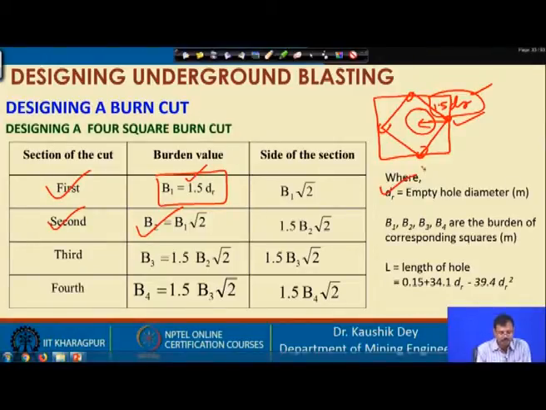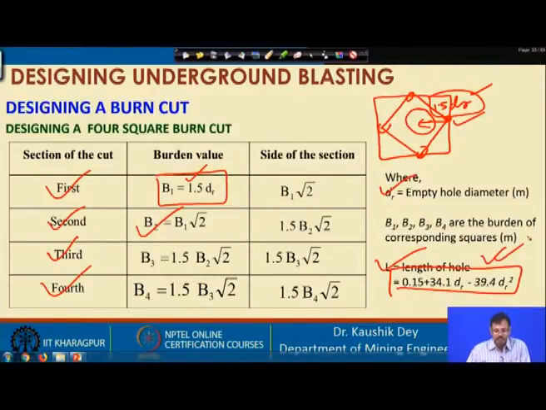This is basically a 4 square cut, where if we have 4 squares like this, we can achieve the desired advancement. The length of the hole depends on the empty hole diameter with this formula as per the Lange-Fors-Kihlstrom guideline. This is important in blast hole design for the cut area where the 4 square cut is practiced.